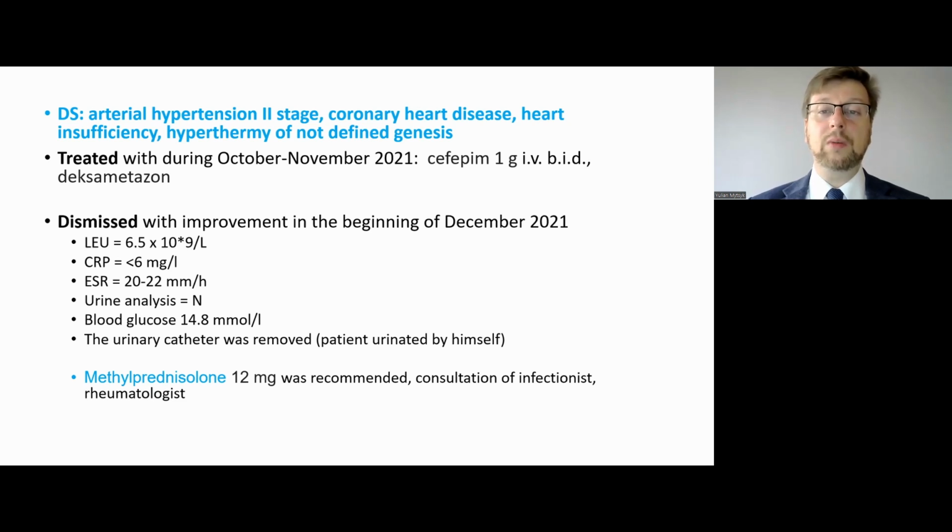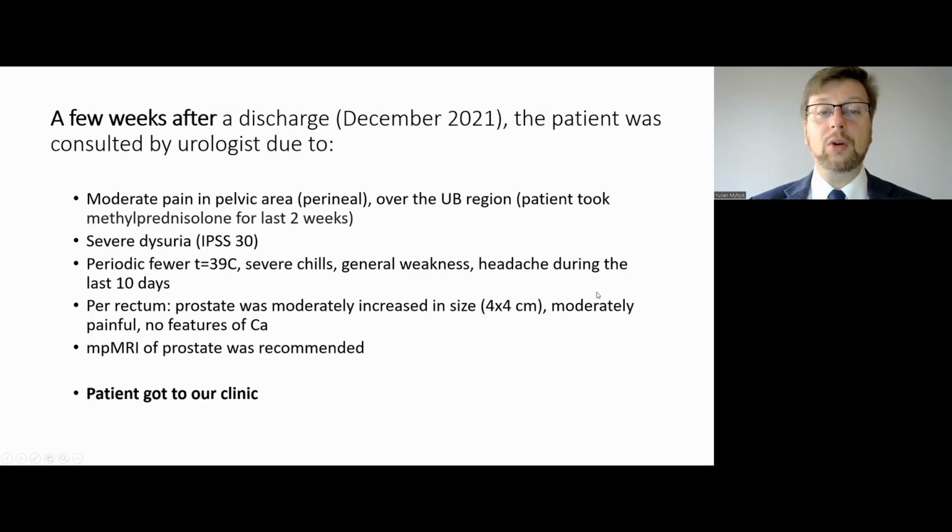The patient was treated with the antibiotic cefepime 1 gram once per day and dexamethasone, and was dismissed with improvement of the symptoms in the beginning of December of the same year, with leukocytes 6.5, CRP less than 6, still increased ESR 20-24, normal urine analysis, increased blood glucose, and the urinary catheter was removed, and the patient urinated by himself. The patient was recommended to take methylprednisolone and consult an infectionist and rheumatologist.